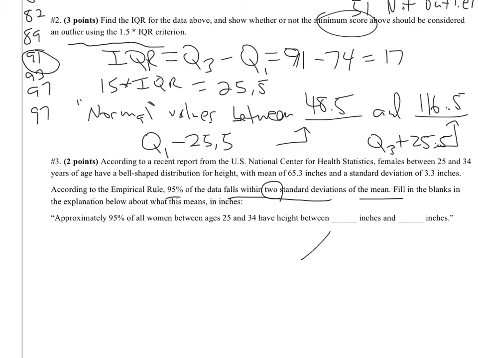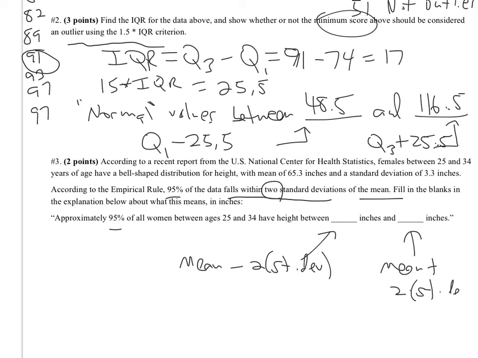It means that 95% of your data, so when it says within 2 standard deviations of the mean, that means the mean minus 2 standard deviations is the lower number, and the mean plus 2 standard deviations is the upper end of that statement. So within 2 standard deviations means anywhere between 2 standard deviations below up to 2 standard deviations above.